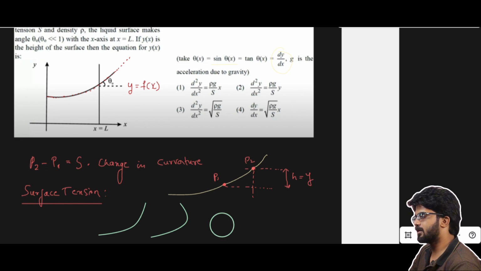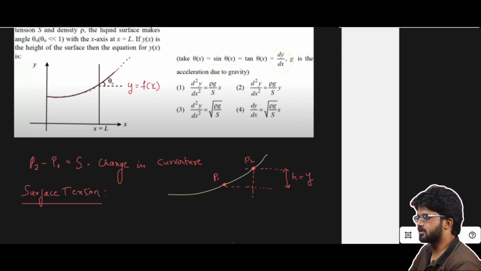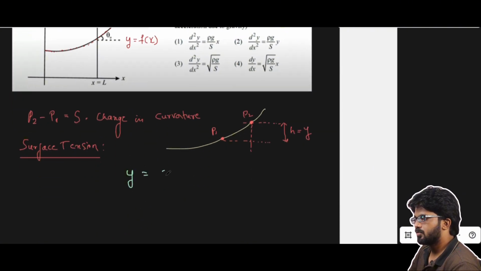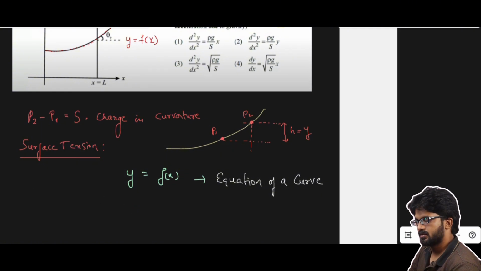So it is a property by which we understand the curvature of a system. But how do we find the curvature of the system? We can use y equal to f(x) for any equation of the curve. We can find how much it is curved, how much this theta angle is curving. We can just differentiate it, and we can find how much it is curved, right?